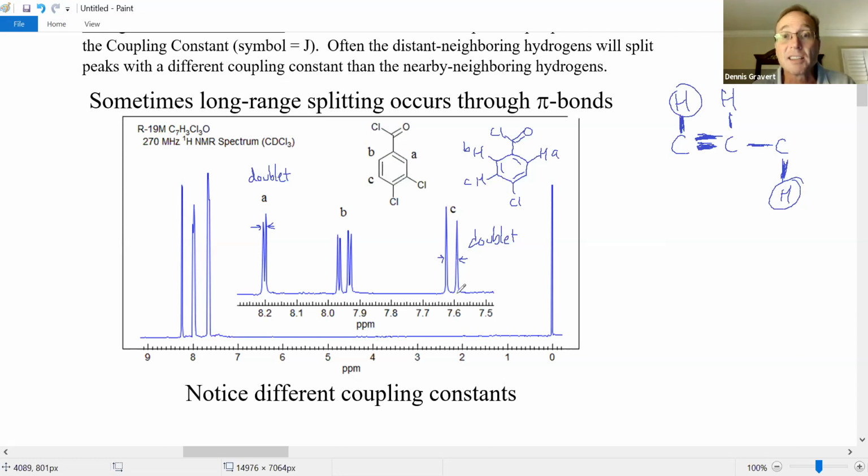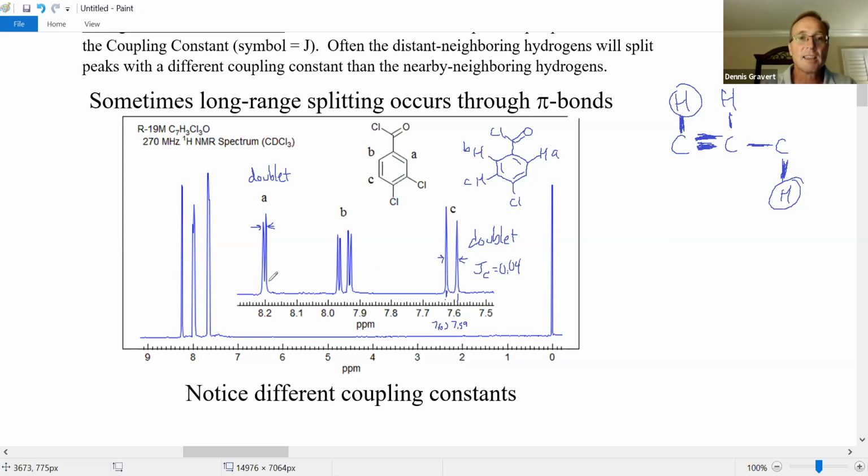I should probably just guesstimate it. Looks like I've got one peak right here at 7.59, and then we've got the center of the peak, 7.63. So it looks like the coupling constant is about 0.04, something like that.